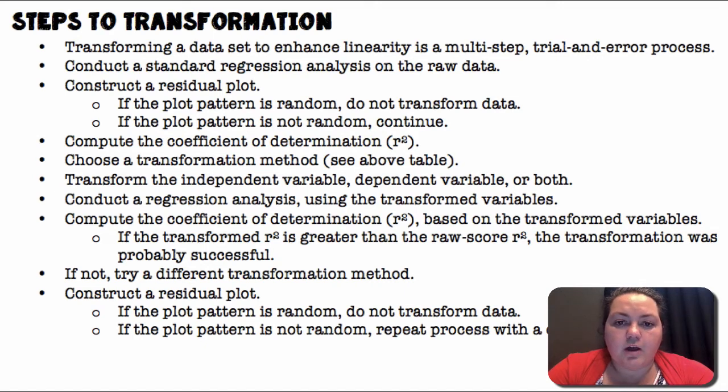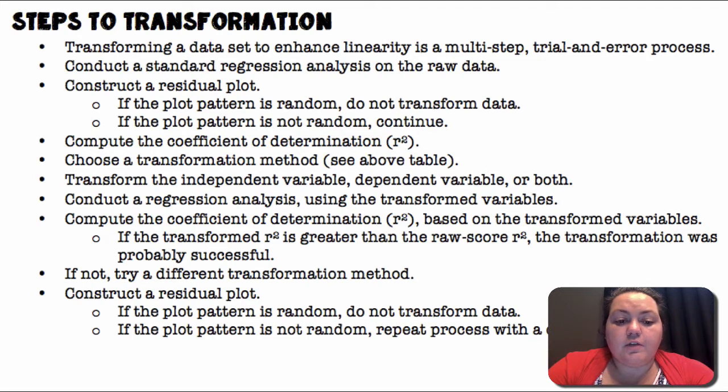look at the R-squared value when you did the original regression analysis. So for linear regression, what was your R-squared? Okay, choose a transformation method. So you might want to look at the original scatter plot and see if you know what fits based on what the graph looks like. Okay.